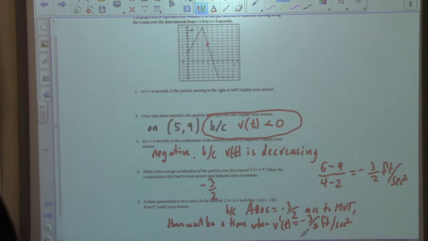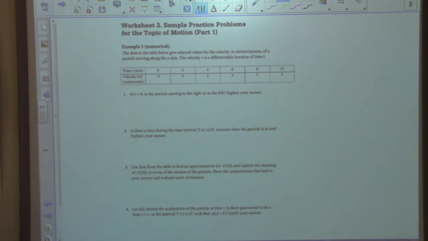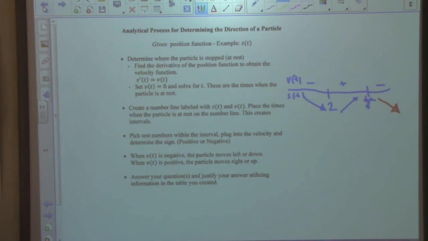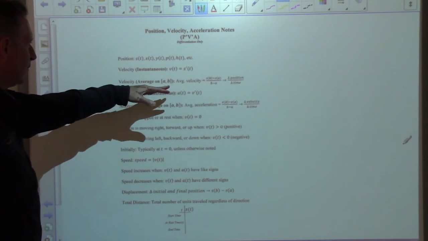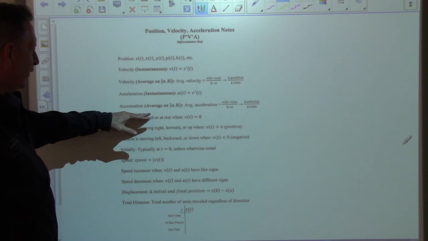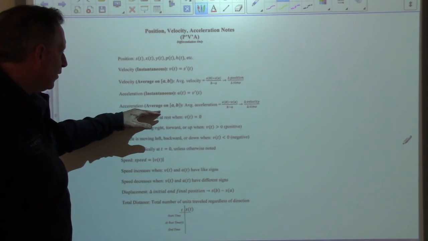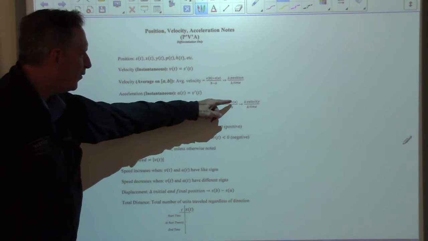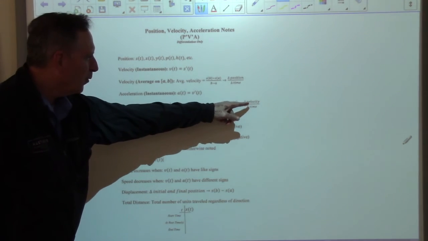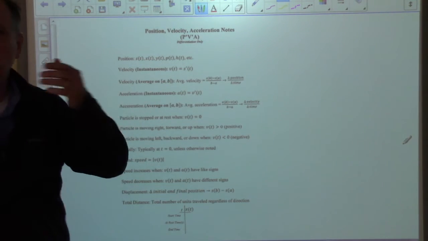Okay? And so this goes back to what we talked about yesterday. You remember we had this thing right here? This is the acceleration. Okay, average. To estimate acceleration, we take the change in velocity over change in time.